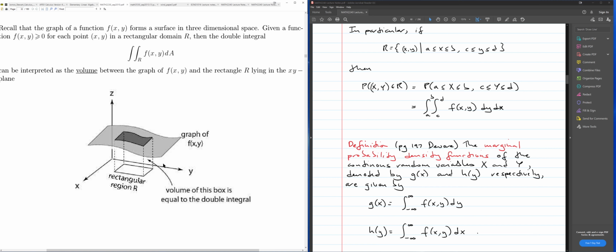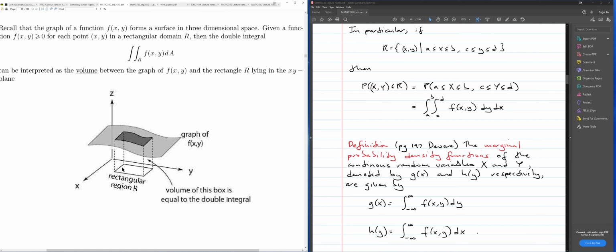And more generally, this region over here, which we again saw in MATH2240, you can integrate over regions R that are not necessarily rectangular. You could integrate over type 1 regions, type 2 regions, polar rectangles, and so on. We're not going to do that for MATH2240.